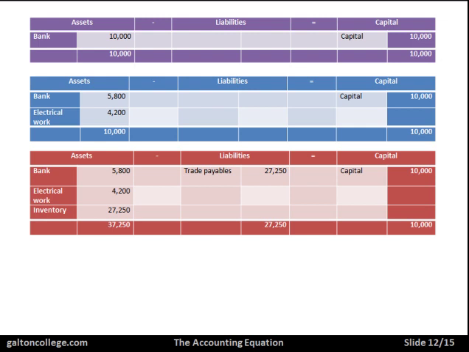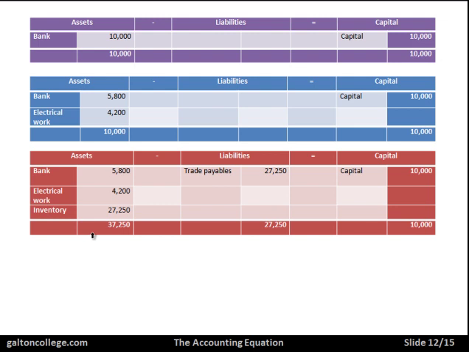Next we've got this £27,000, which is his stock, his inventory. But he needs to pay for that, so you've got a liability as well. Now if we look at it, we've got assets here: £5,800 in the bank, £4,200 for the electrical work, which improves the premises, and £27,250, which he got on credit for these components he's going to sell in the magazine.